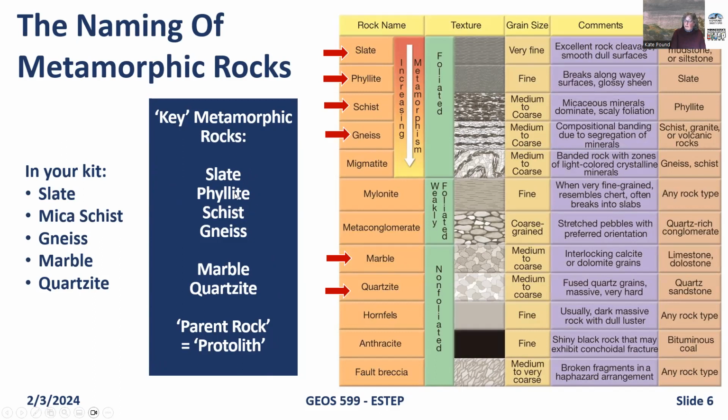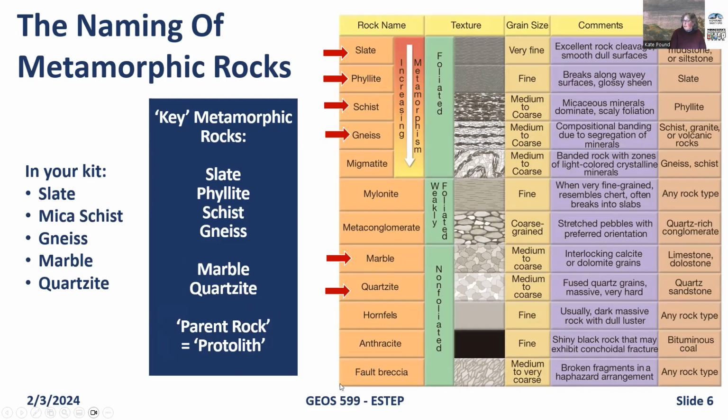So slate, phyllite, schist, and gneiss. So here, this is spelt G-N-E-I-S-S, but it's pronounced gneiss. Think Minnesota gneiss. And then there's marble and quartzite. And a reminder down here that the parent rock or protolith is what's most important.